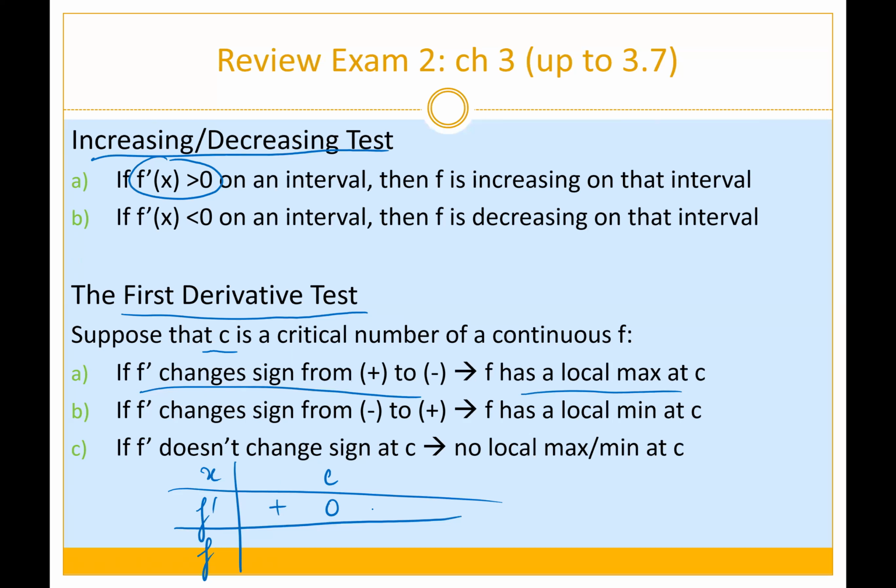If f prime changes from plus to minus, this thing can be 0 or does not exist, and you have a maximum here. Or if you have c and you go from negative to positive, this thing can be does not exist or 0. So this is a minimum.